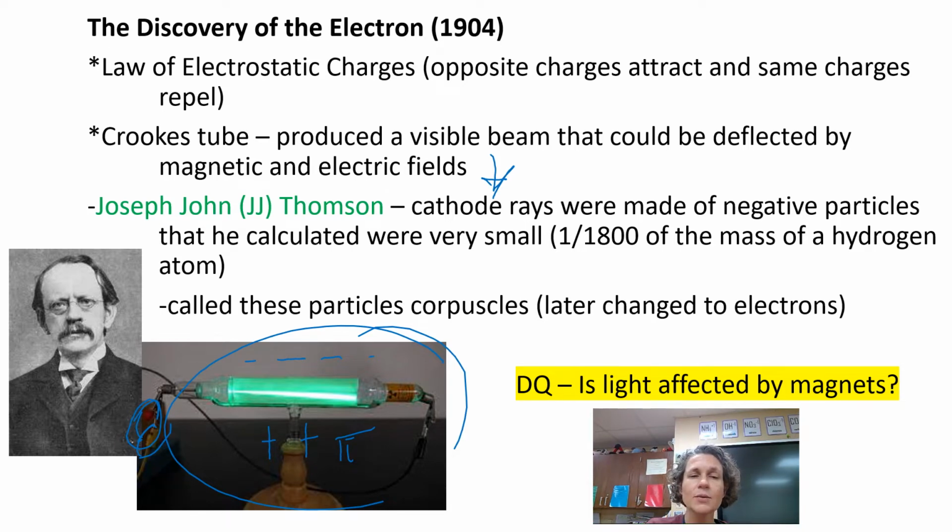He was the first person to dispute the idea from Dalton that atoms are indivisible, because he said, okay, I know what an atom is, and here's a little part inside it. He actually called those little particles corpuscles. At some point, that word was later changed to electrons, which is what we know today.